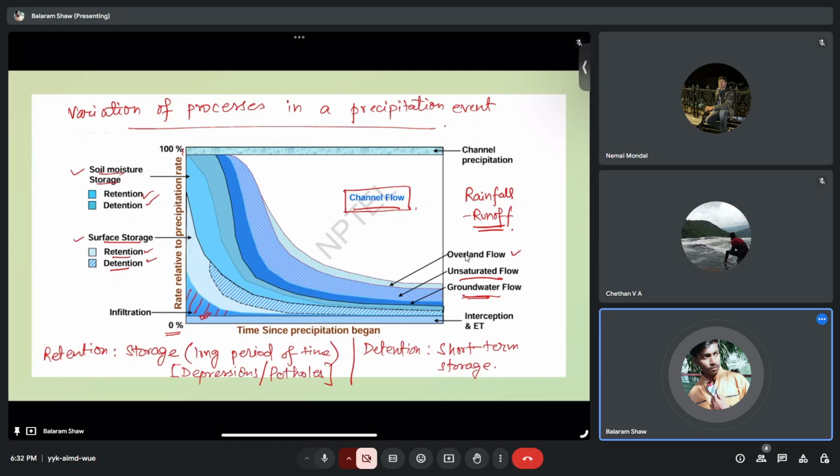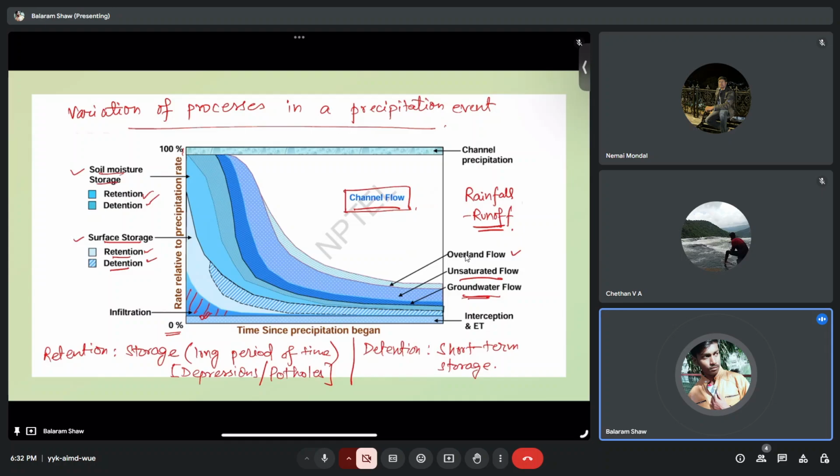flow, right? So in that, if you have gone through the lectures, you would have come across this infiltration excess Hortonian overland flow. So here you can see we have Hortonian or infiltration excess flow. So what is this infiltration excess?